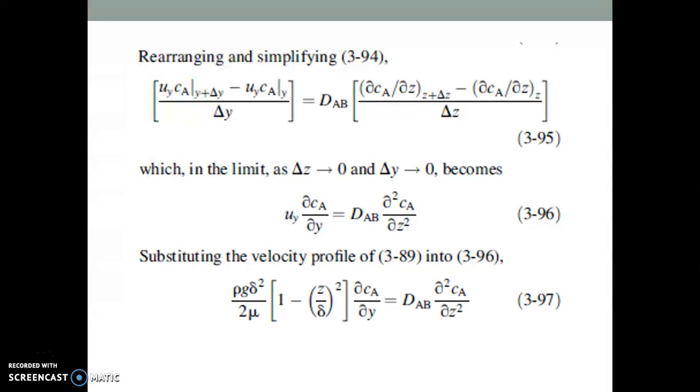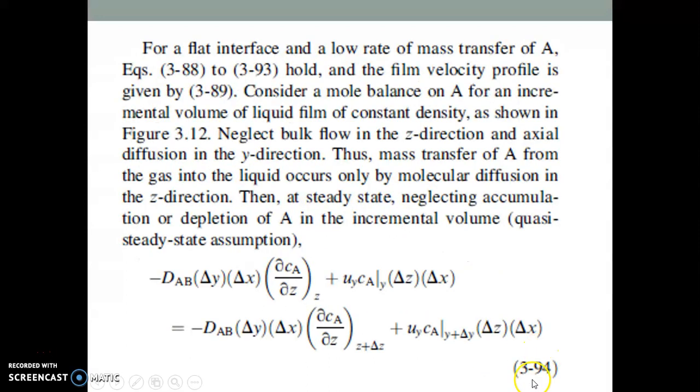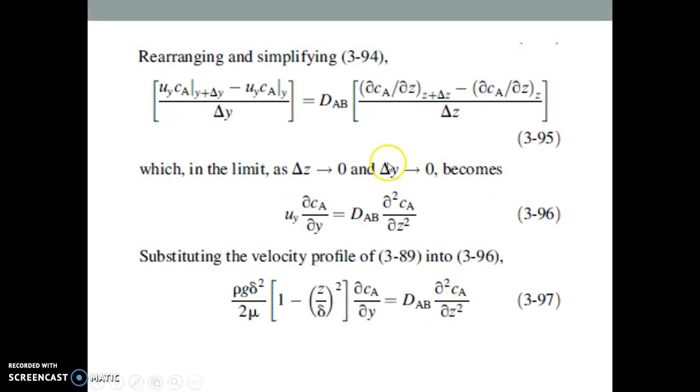By rearranging and simplifying the 3.94 equation, we can get this simplified equation. And as we know, the limit as Z approaches 0 and Y approaches 0, this equation will become this equation: u_y dC_A over dy is equal to the diffusivity coefficient times del square C_A over del Z square.